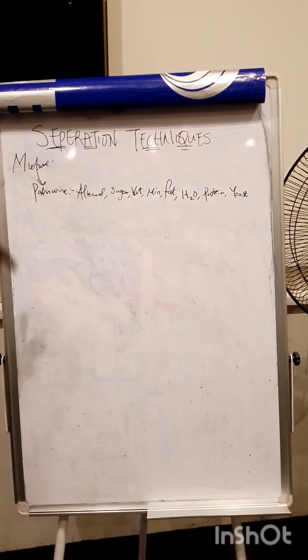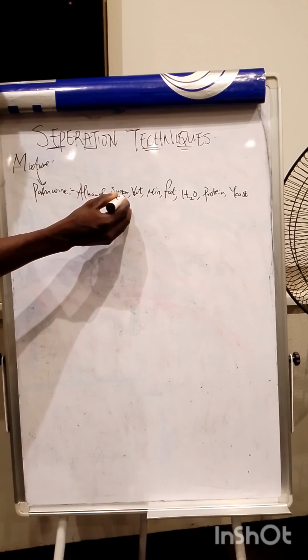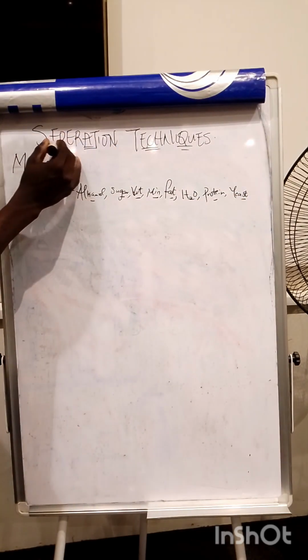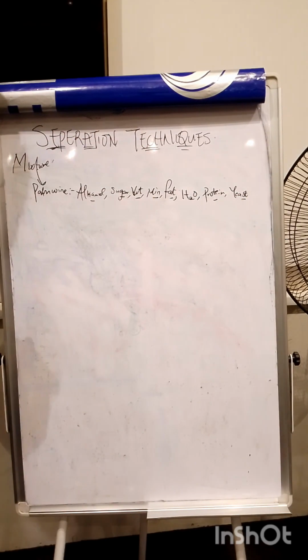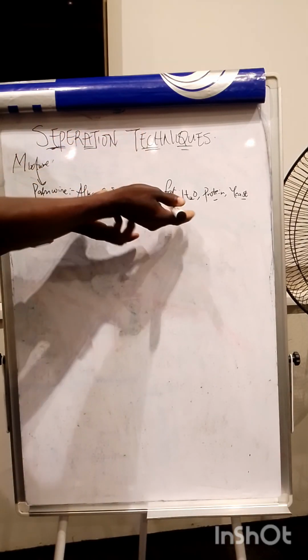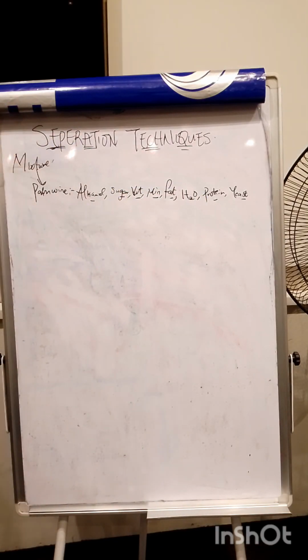Now, if we are going to separate these constituents, we will apply separation techniques. Are you with me? It's separation techniques that would help us separate these constituents, and that's what we'll be looking at today.